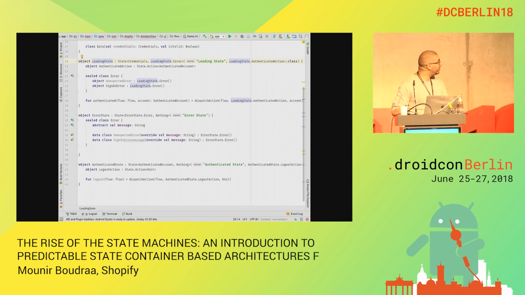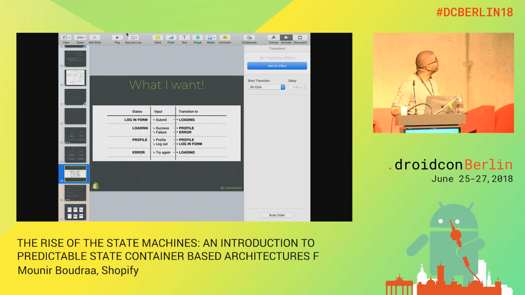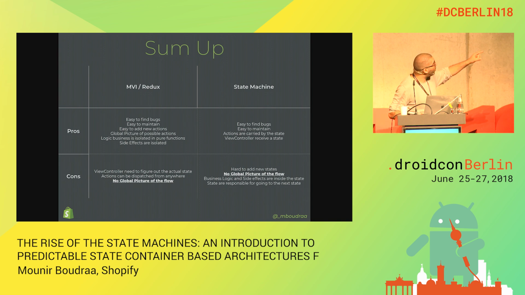So let's go back to here. So basically we managed to solve all our problems. We have something that allows us to write something like this, that allows us to find blocks easily because we have only states.